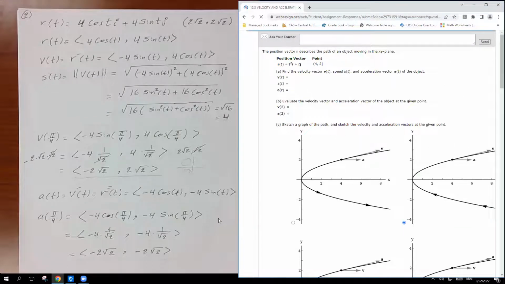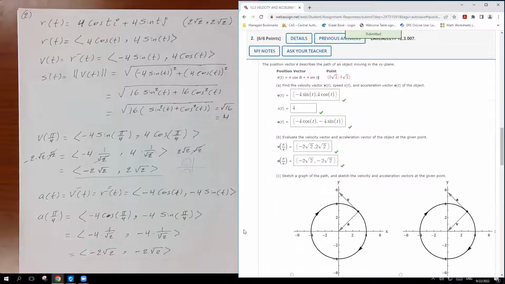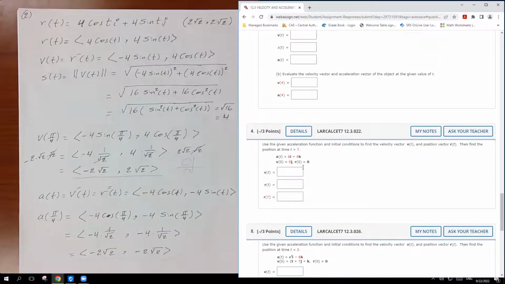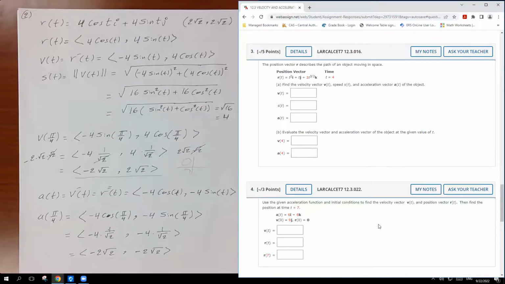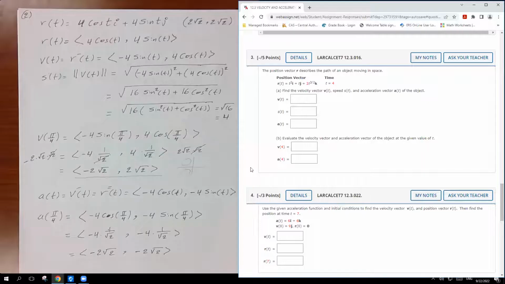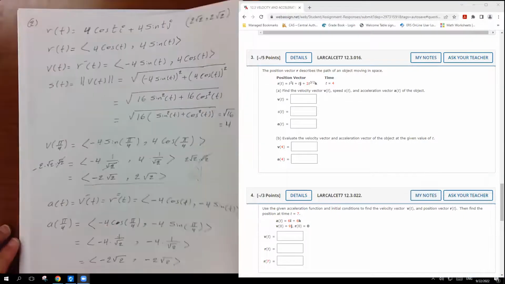We're going to do exactly the same thing with the next example. Example 3, exactly the same thing. Let's do the same thing for question 3.